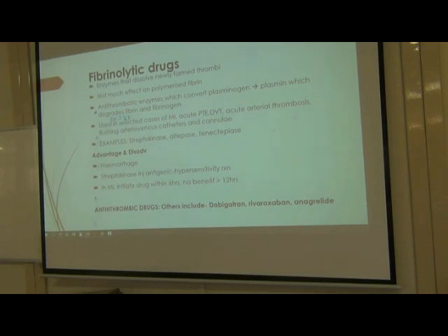So it also causes hemorrhage. It causes hypersensitivity reaction as well. Those are the disadvantages. And it needs to be initiated early, because it will only act on freshly formed or newly formed thrombi.